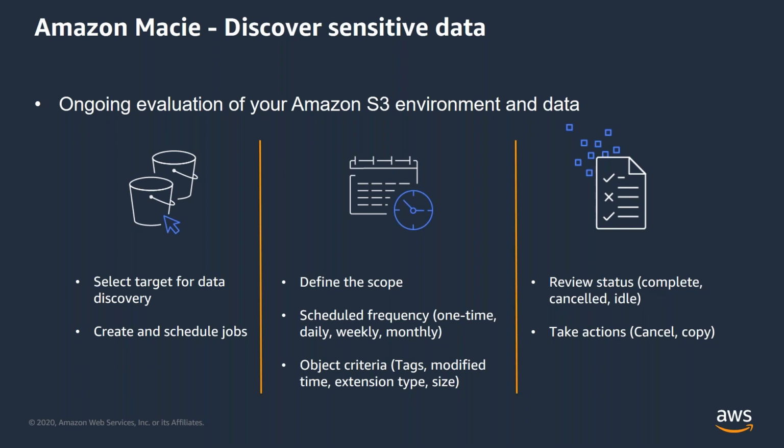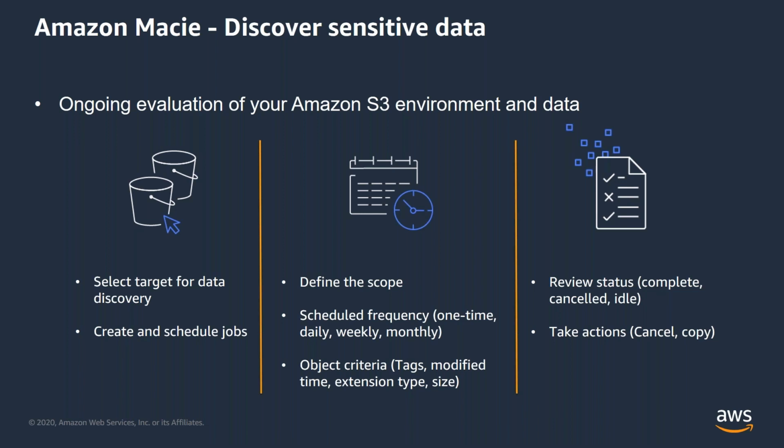We provided customers the ability to have flexibility of defining these jobs based upon frequency, which can be either one-time inspection jobs or a recurring frequency such as daily, weekly, monthly, or to satisfy some of the use cases with regards to refined search.